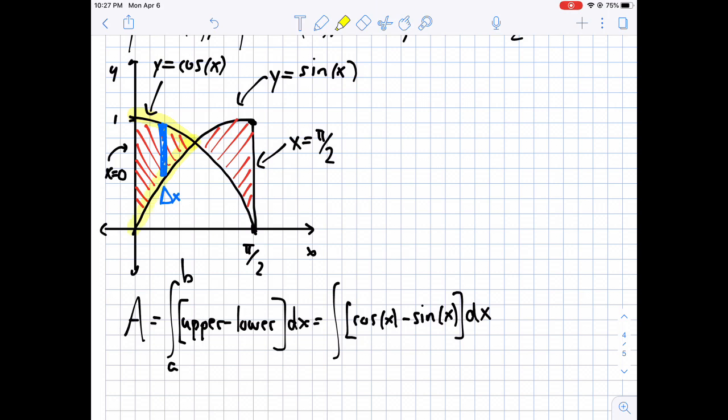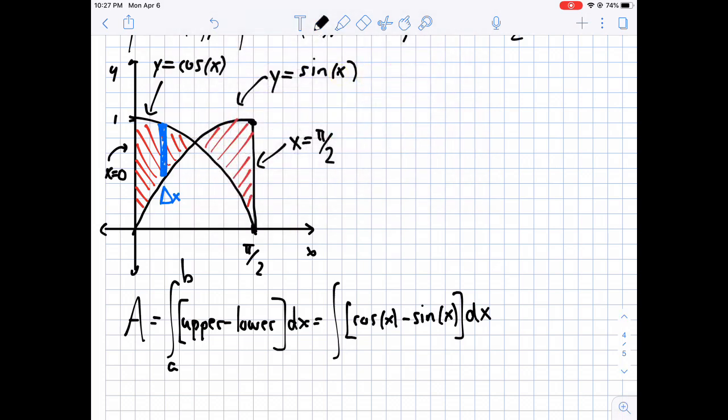But immediately after this point, our upper and our lower function switch places. We end up with our upper function being sine x and our lower function being cos x. So that's seemingly a bit of a problem, but it's actually not too bad to take care of.